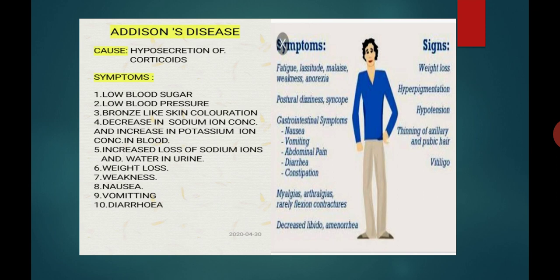Point number four, there is a decrease in sodium ion concentration in plasma, but there is an increase in potassium ion concentration in plasma. Students, this condition is also called blood acidosis. Blood acidosis is one of the major symptoms of a person with Addison's disease.